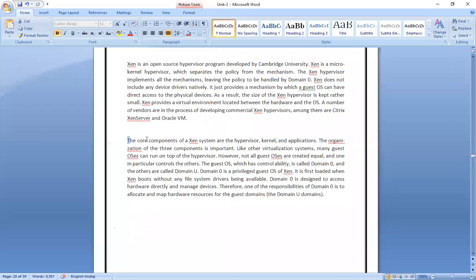The core components of the Xen system are the hypervisor, kernel, and applications. The organization of these three components is important.